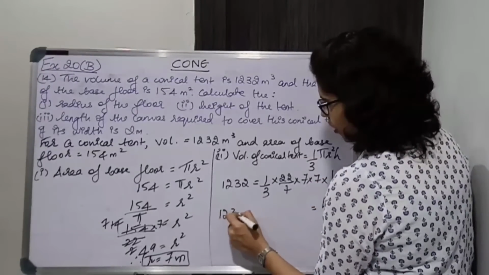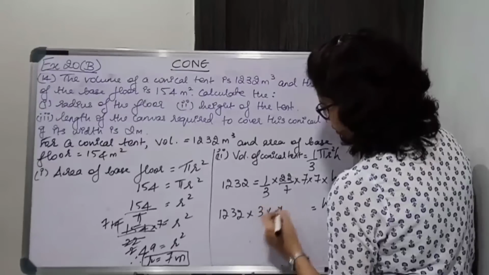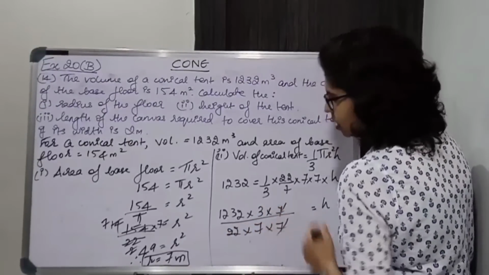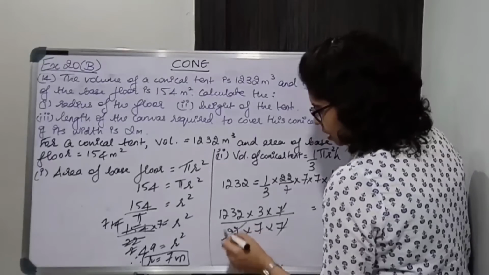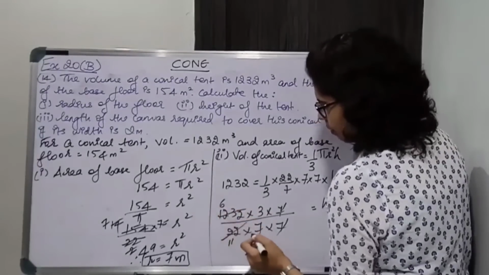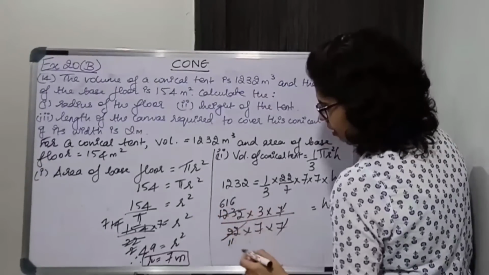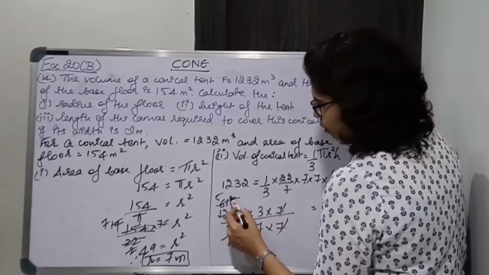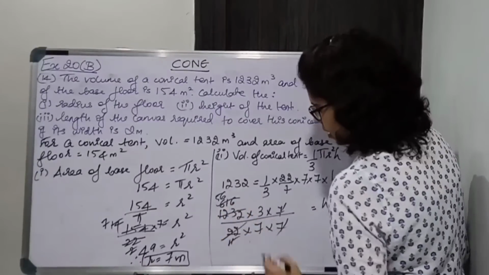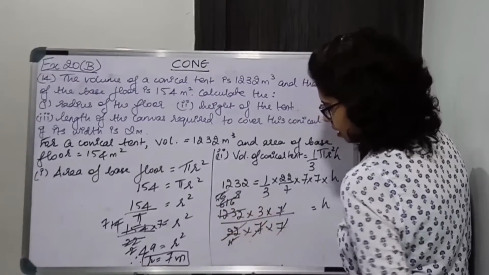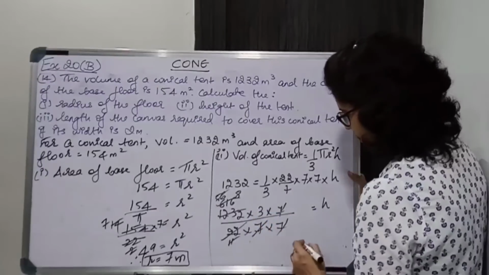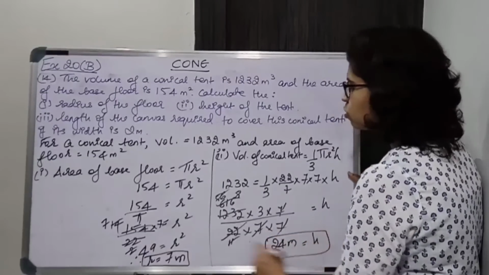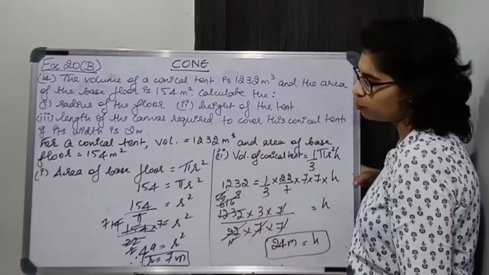So 1232 into 3 into 7 upon 22 into 7 into 7. 7 will get cancelled. 11 6s are 66, 7 8s are 56. So 8 into 3, h will be 24 meters. So we found the height also. Height of the tent is 24 meters.